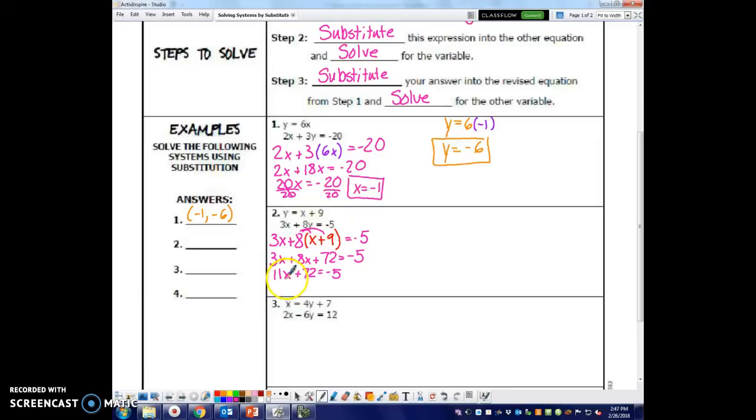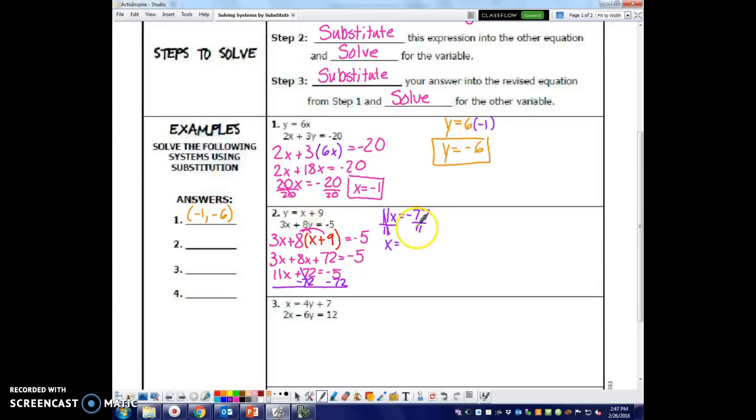We're trying to get x by itself, so now we have to subtract 72 from both sides. Let's move it over here. So we have 11x equals -5 minus 72 is what? -77. Now we need to divide by 11.